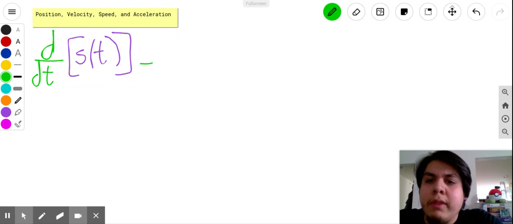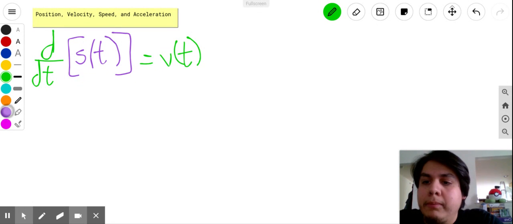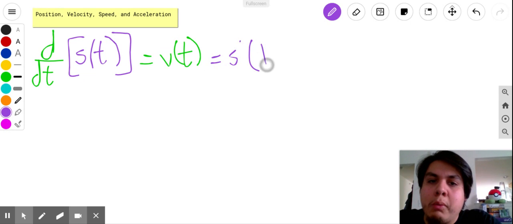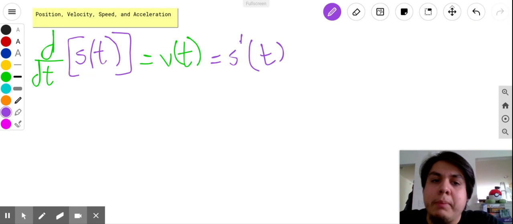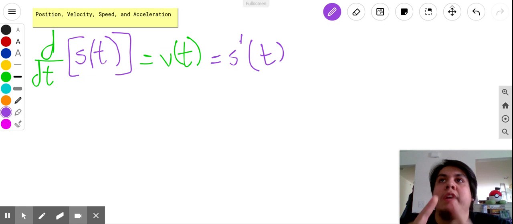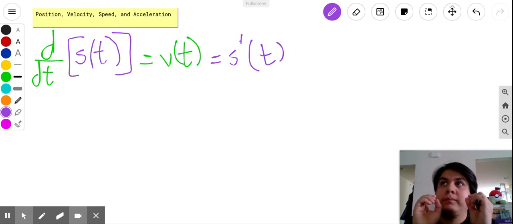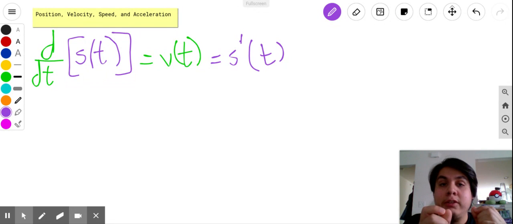But it's important to know that this represents your velocity function. So whatever we would have gone for our position, that would have been our velocity, because again, we're trying to figure out how fast an object is moving, and that has to take into account whether you're moving in a positive or negative direction. That's velocity.